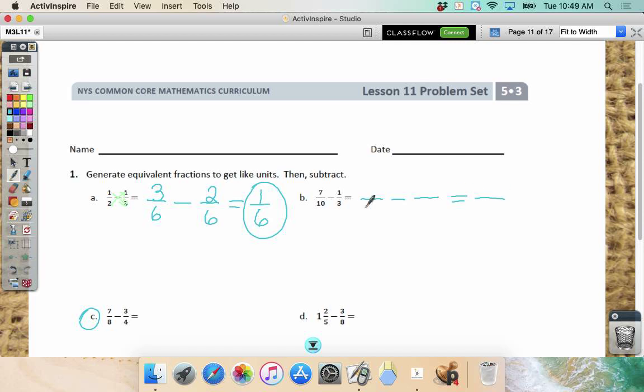So what's the common denominator? 30. Whenever it's option 1, you're going to multiply those. Okay, finish this problem. Doing okay?